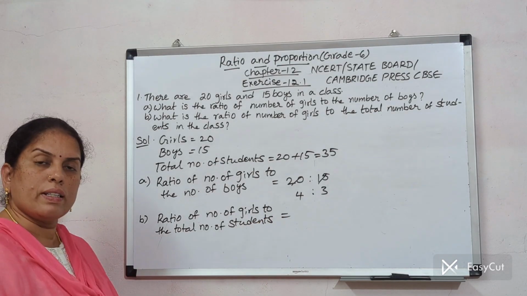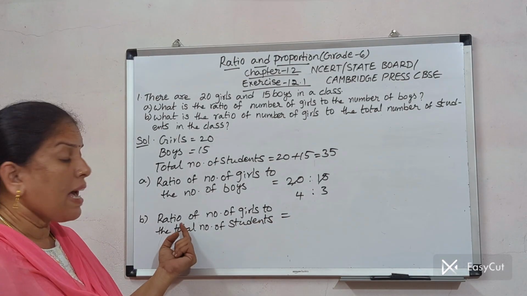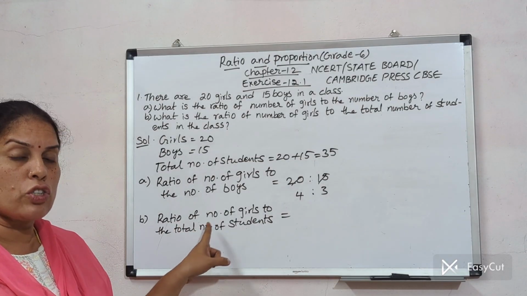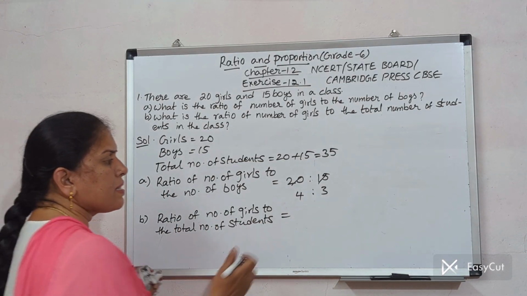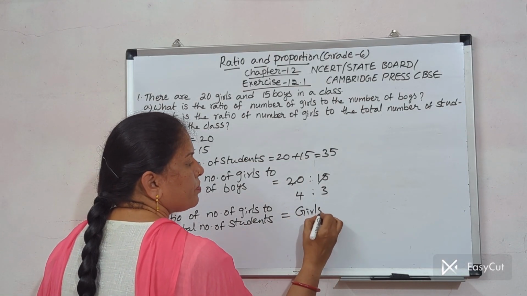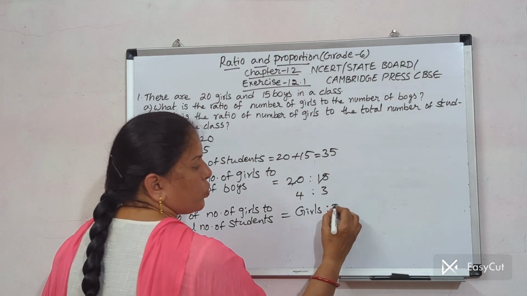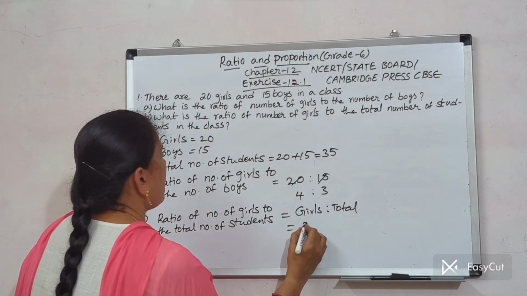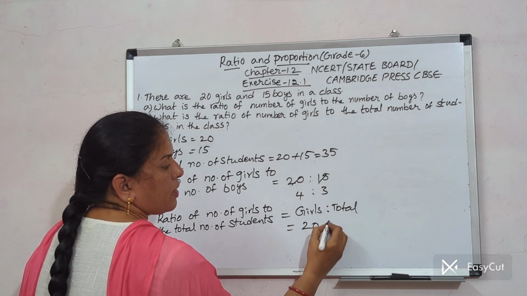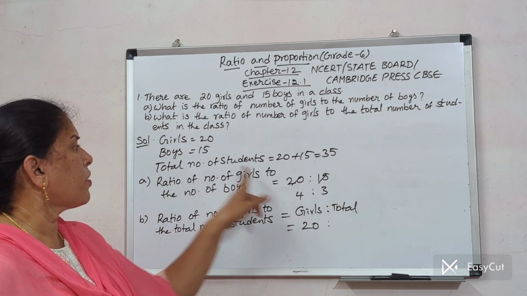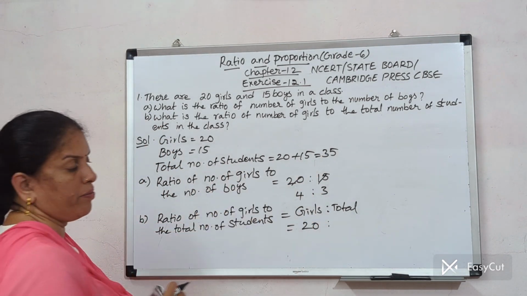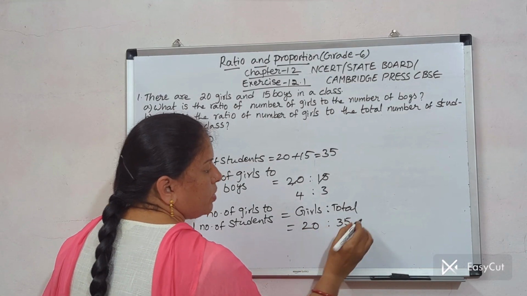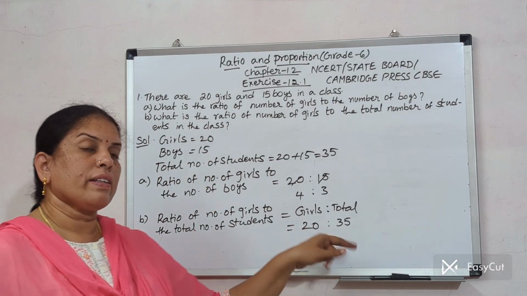That means girls to the total number of students. How many girls are there? 20 girls are there. Is to the total number of students, how many? 35. So, 20 and 35.